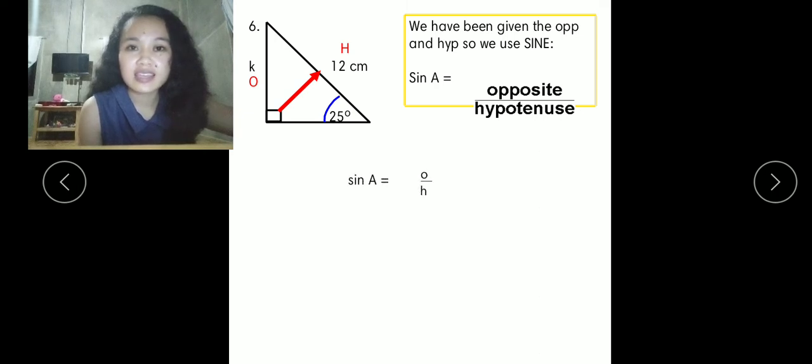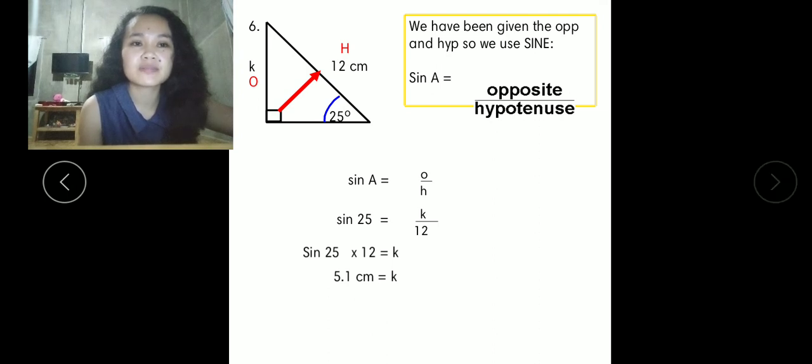So sine A is equal to opposite over hypotenuse. Then substitute. So sine 25 equals K over 12. So sine 25 times 12 equals K. So the result is 5.1 centimeter equals K. So the opposite side, K, is equal to 5.1 centimeter.